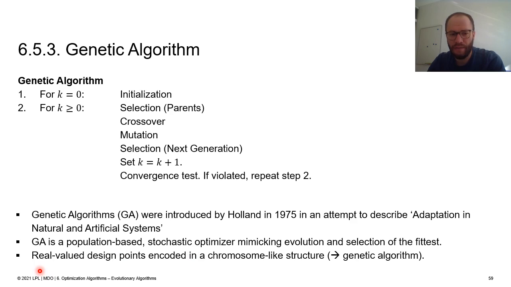Especially for the GA, there are a lot of different approaches how to carry this algorithm out. We will follow the basic idea for real value design points, and here you also see the nature-like approach. So we have chromosome-like structures in binary arrays, which we will also show in the next slides.